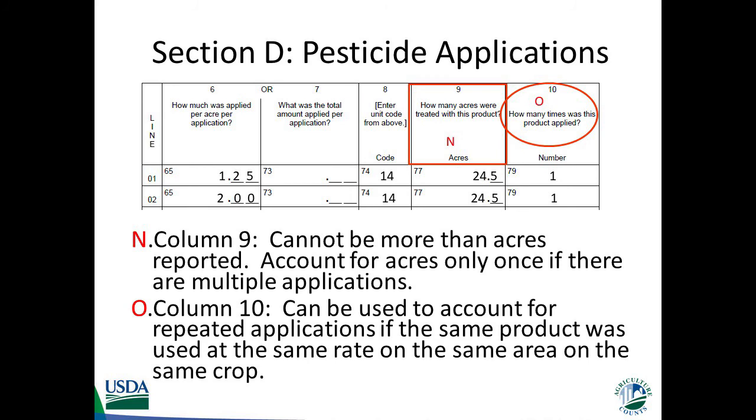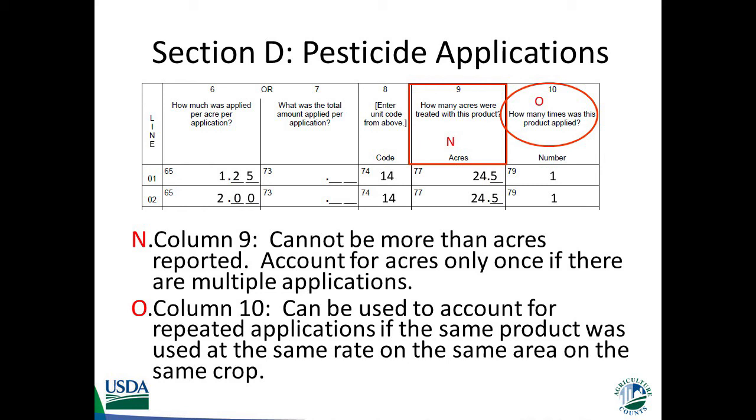Here are a few other reminders. In column 9, you cannot report more acres were treated than acres planted. If there were multiple applications or if the target commodity was double cropped, be sure to account for the acres only once.